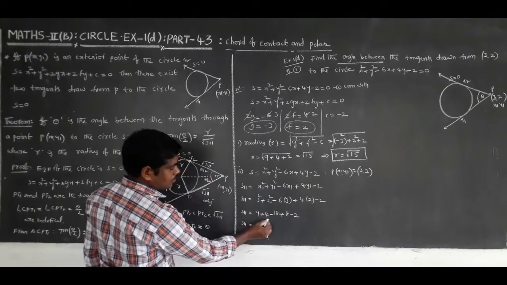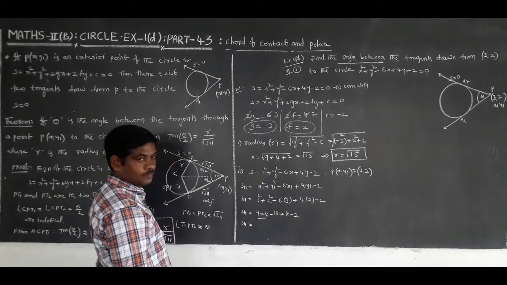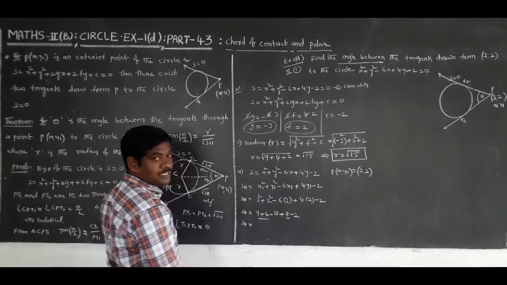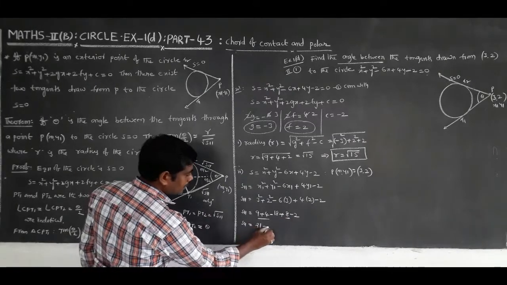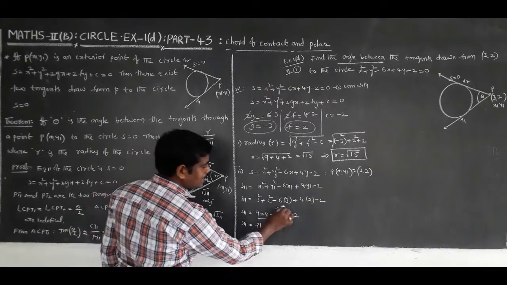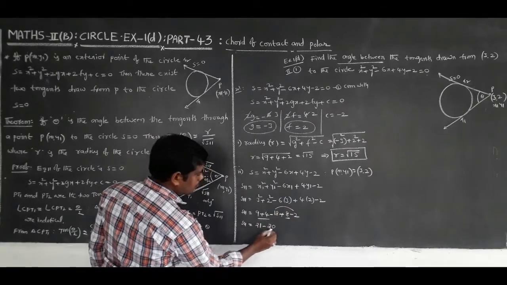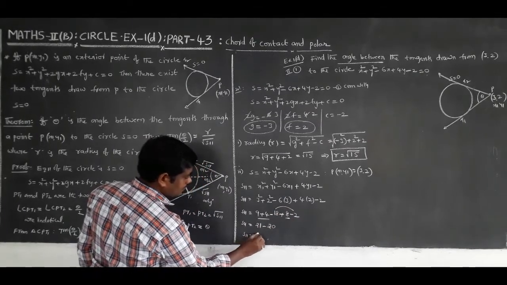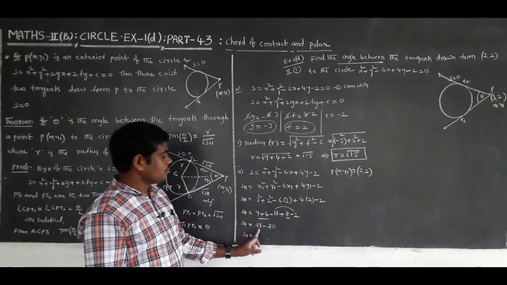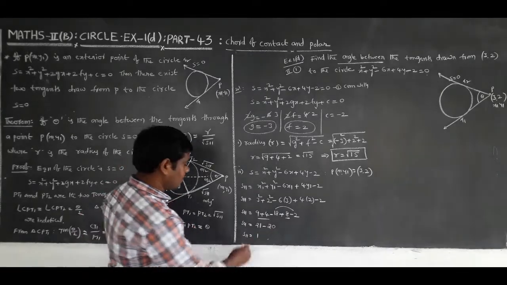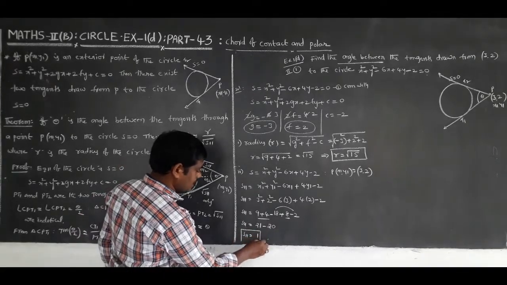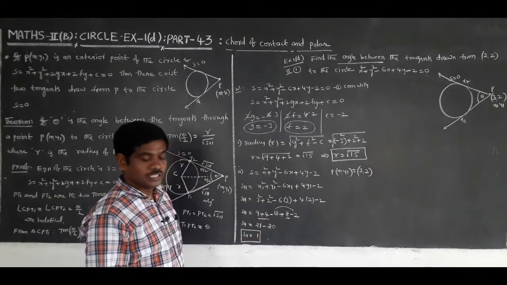S11 is equal to 9 plus 4 is 13, 13 plus 8 is 21, minus 18 is 3, minus 2 is 1. S11 is equal to 1. This is the S11 value.